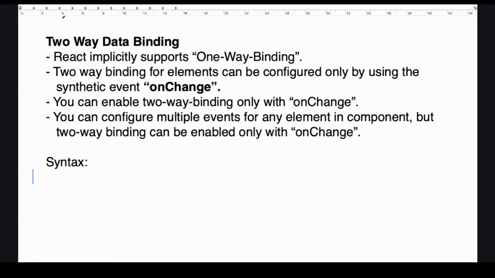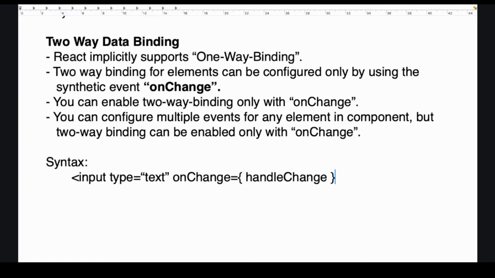Syntactically, it is not just the text box. Input type text, on change, it should handle change. Suppose you are using a drop down, it also requires on change, handle change.